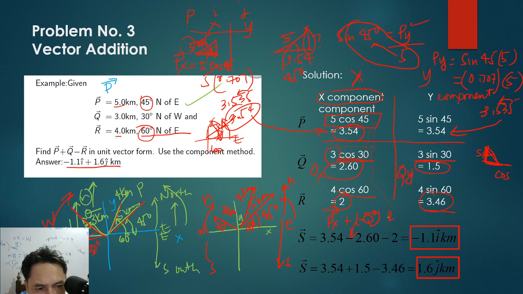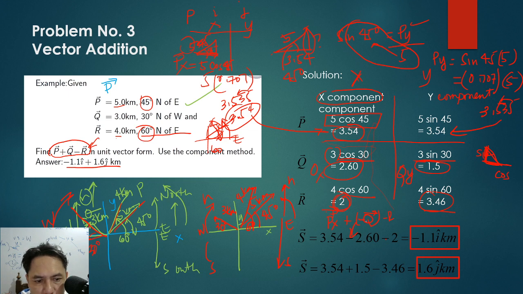Then R. What is R? R is here, 2. But why is it negative? Because this is our mother equation: find P plus Q minus R. This is what we're going to follow.